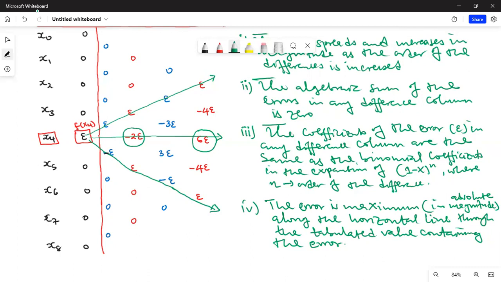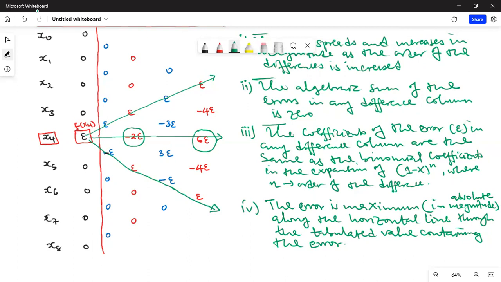So therefore, what you can say is that large fluctuations in the differences indicate possible errors in the tabular values. Tabular values are the x values. And small fluctuations may be as a result of rounding off. When you round off, there's an error, what you call the round off error. So there will be a fluctuation, but those are just as a result of round off.